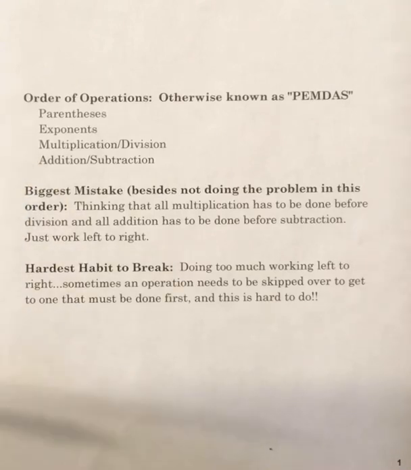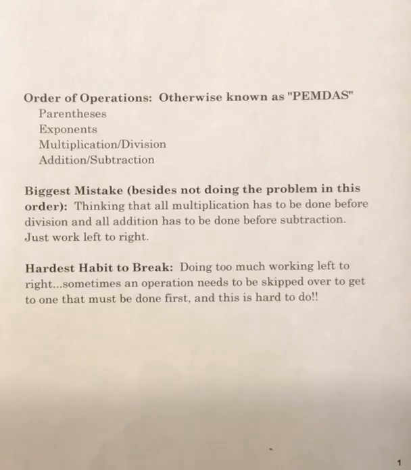So the biggest mistake people tend to make is they really understand the idea of PEMDAS and those letters, but they think those letters are the exact order in which things should be done, meaning they think all multiplication has to be done before all division and all addition has to be done before all subtraction. That's not true.